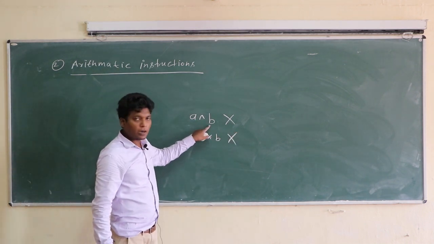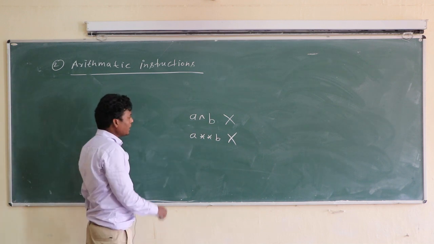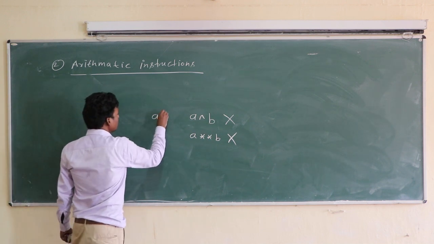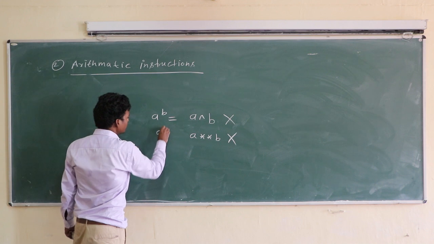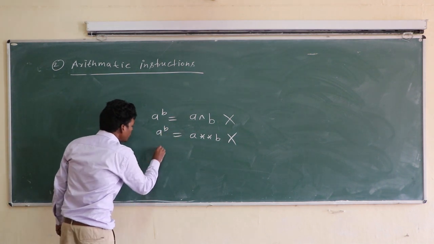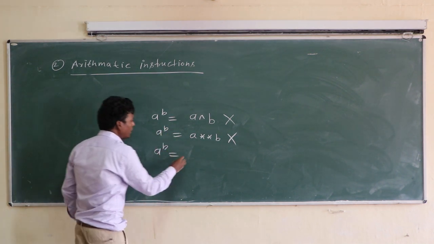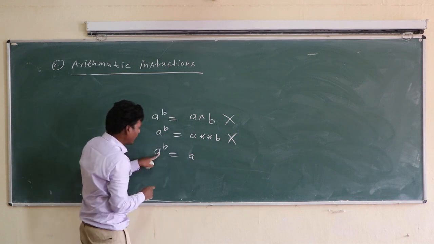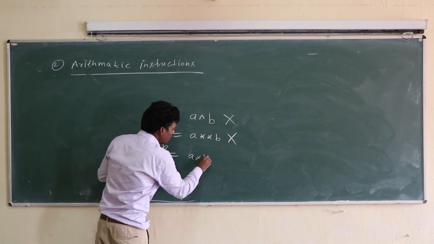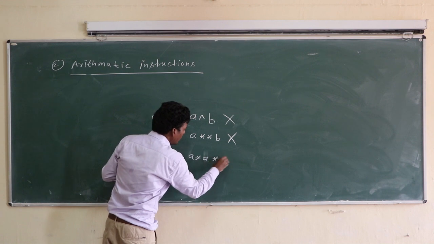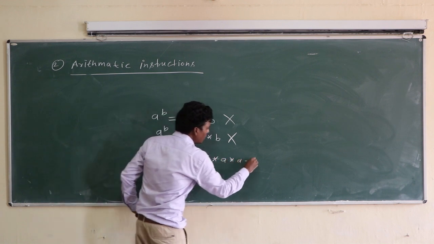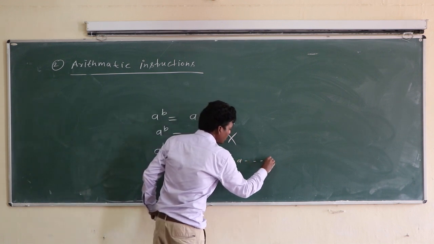If you want a to the power b, then you have to multiply a, b times: a into a into a into a, dot dot dot, b times.